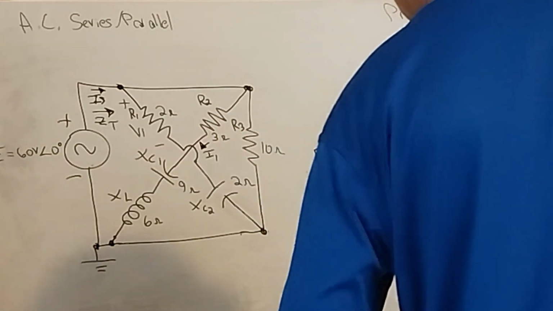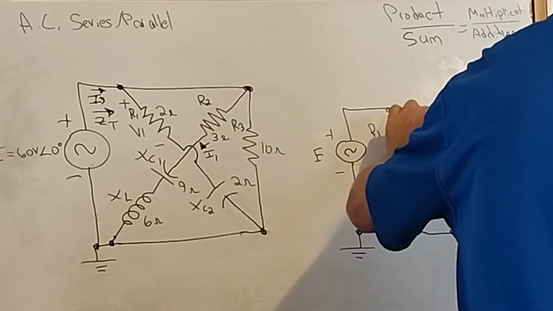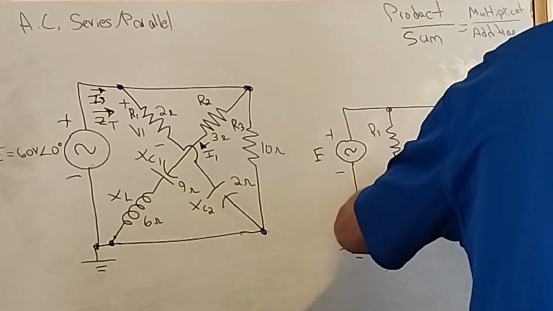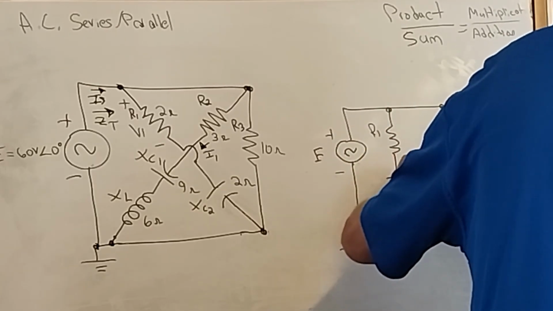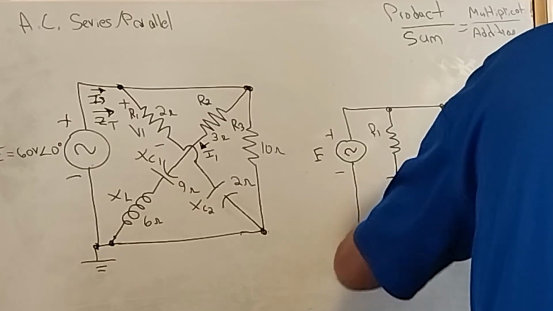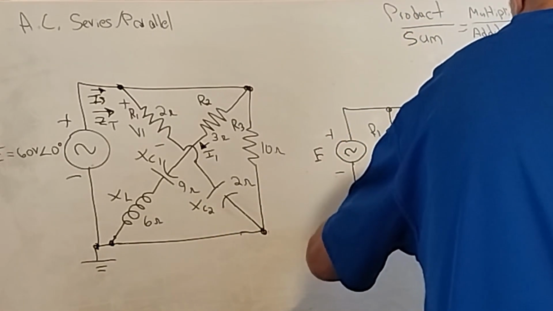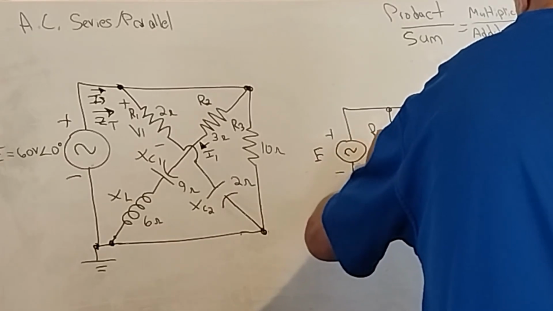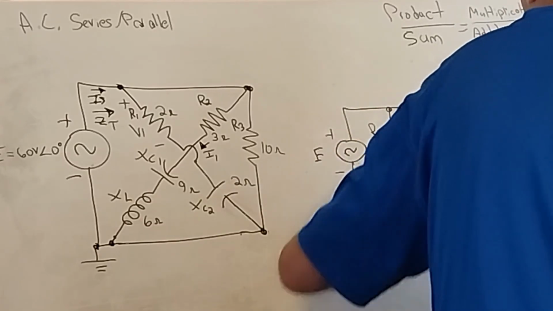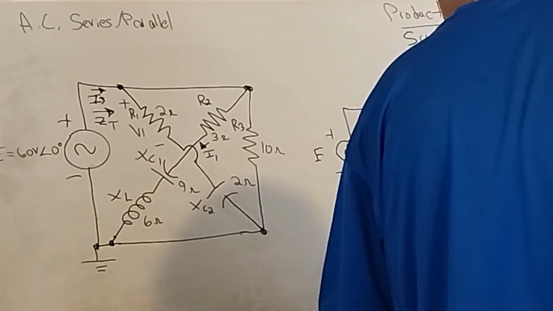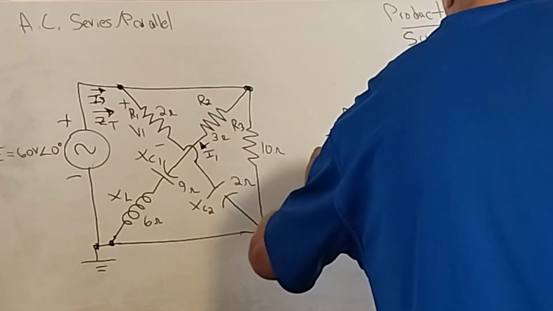So let's put that there, put the capacitor there, and the inductor there. So this is X of L, this is X of C1, this is R2, oh, yeah, this is X of C2.